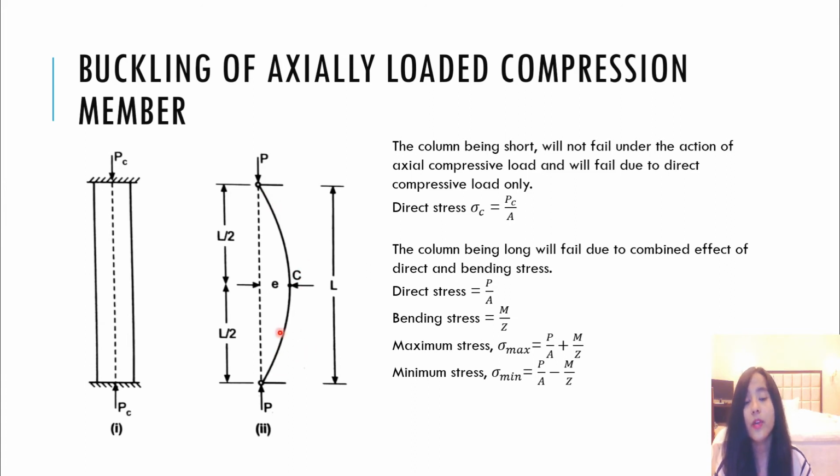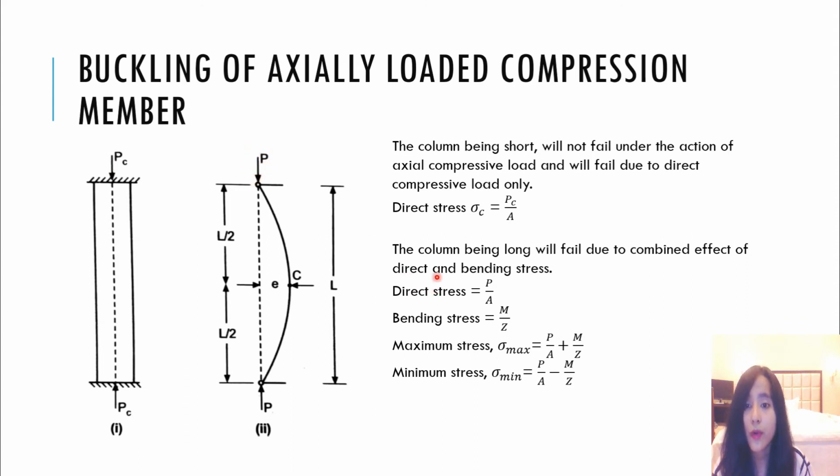And as you keep on increasing this load, the column will fail at a certain load. The load at which a long column fails will be less than this crushing load, which was used for a short column. So the load at which a short column fails is higher, and the load at which a long column fails is lower.